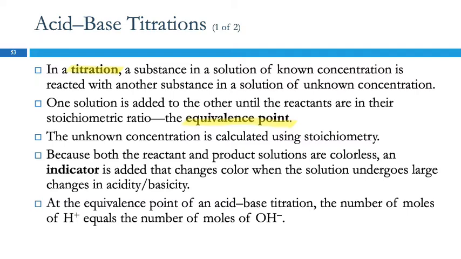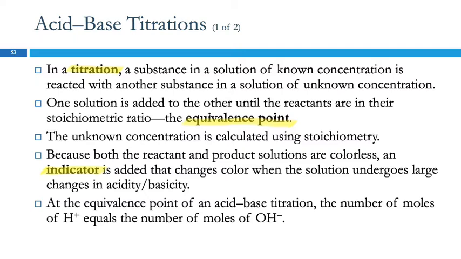So for acid-base titrations, the solutions are clear and colorless, and so you can't really see anything happening, but we can pinpoint where that equivalence point is by adding an indicator. An indicator is a substance that changes color dramatically in response to different pHs.